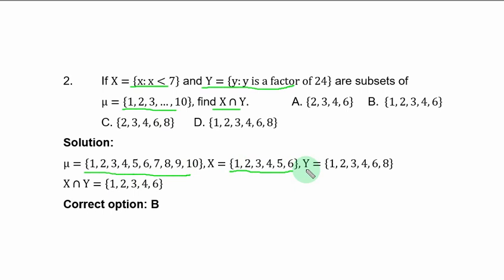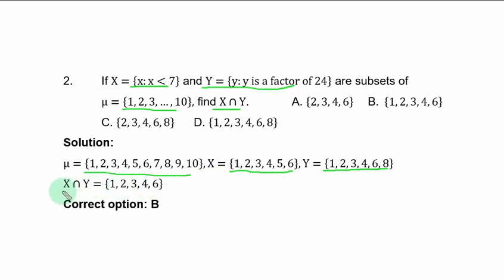From the universal set, you write out the numbers that can divide 24. They are the factors, and you have 1, 2, 3, 4, 6, 8. 12 is a factor of 24, but 12 is not in the universal set. So 12 is not among set Y.